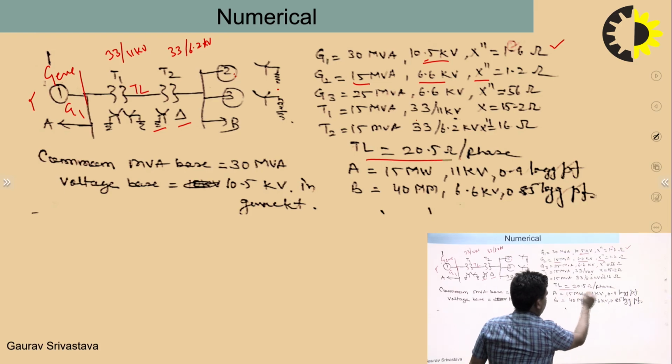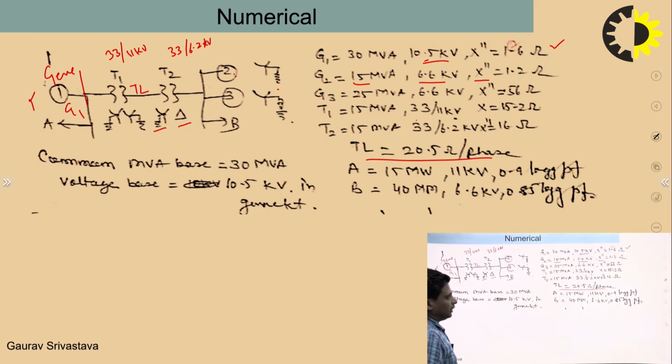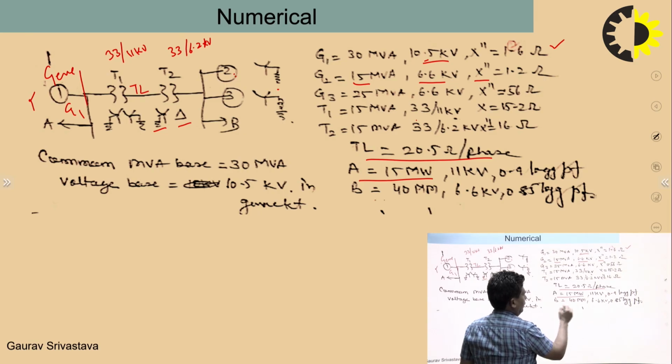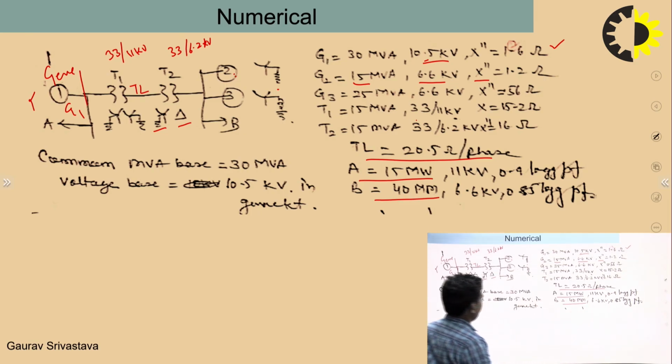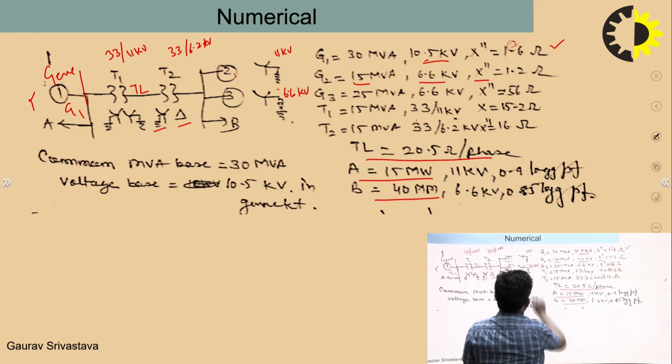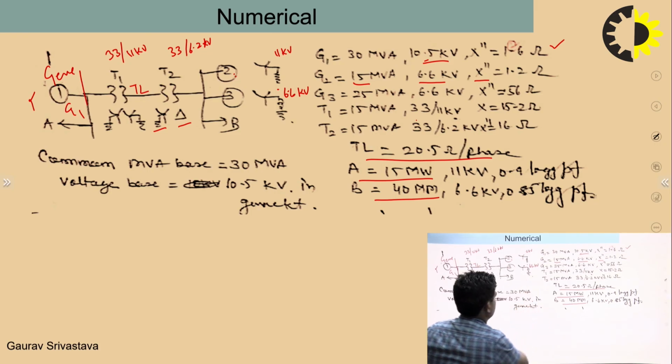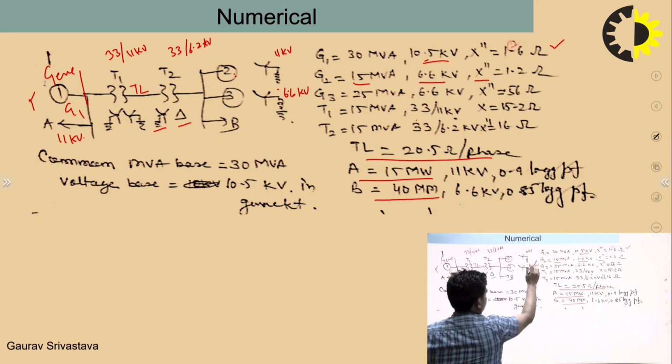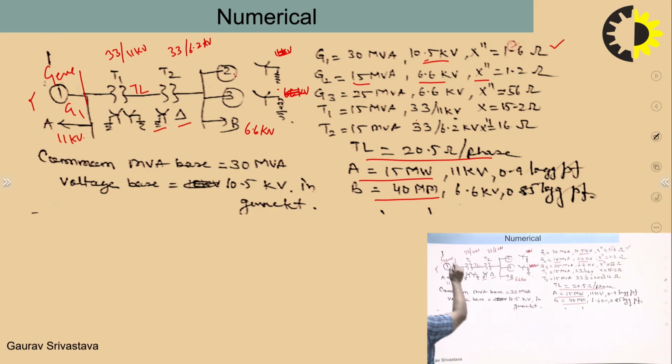The transmission line is given as 20.5 ohms per phase, and the loads A and B are 15 megawatt and 40 megawatt, at voltage levels of 11 kV and 6.6 kV. The generator voltage is 10.5 kV at bus 1.